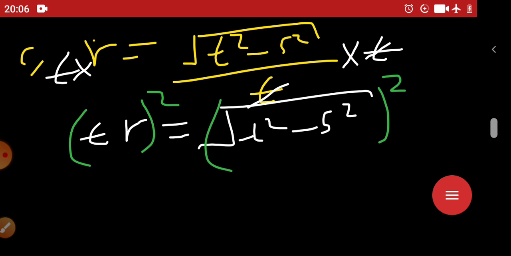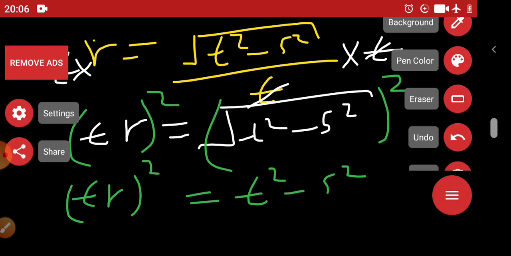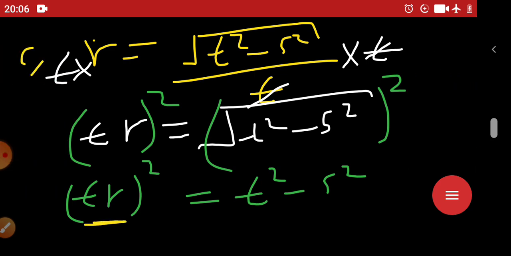Then we have tr all squared is equal to what is inside, t squared minus s squared. As you can see, we have no way of running around the fact that we need to sort this part.